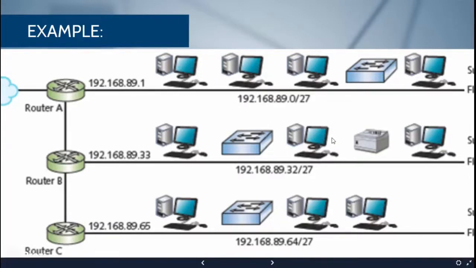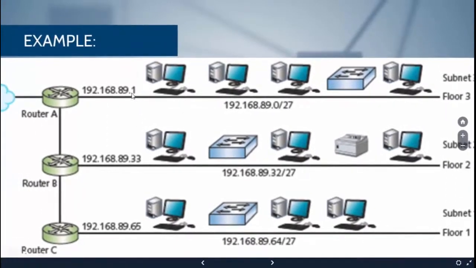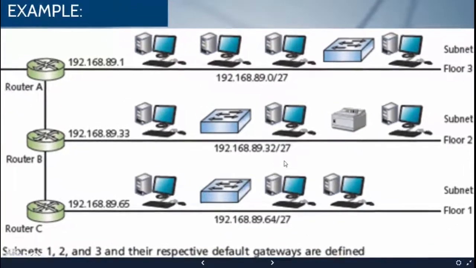So basically the IP addresses that are in floor number 3 or subnet 3 actually are from 192.168.89.0 to 31, okay?